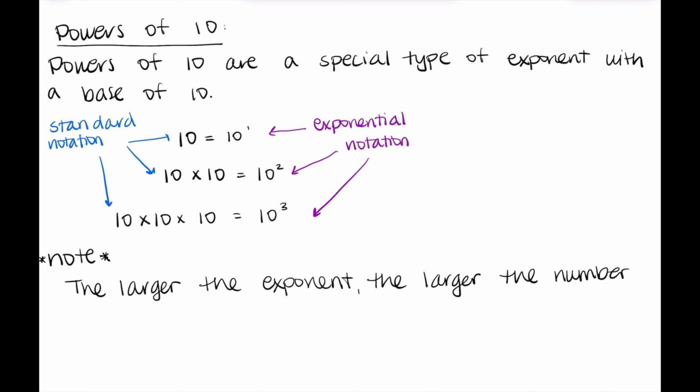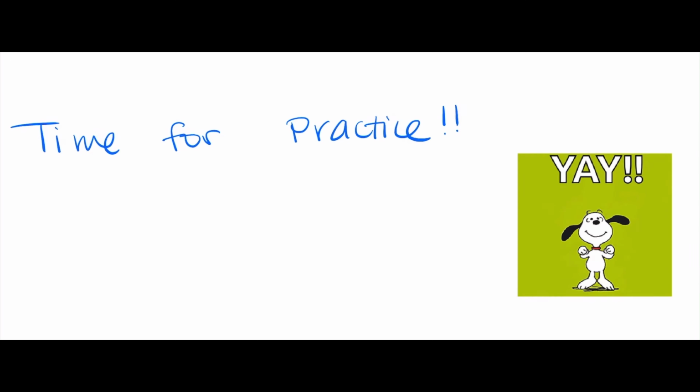So let's compare 10 times 10 to 10 times 10 times 10, right? 10 times 10 is 10 squared. 10 times 10 would be 100. And then if we compare that to 10 cubed, well, 10 times 10 times 10 is 1,000. So obviously 10 cubed would be greater than 10 squared. And now that we've made that distinction, it's a really important note. So we'll get into our practice problems now.